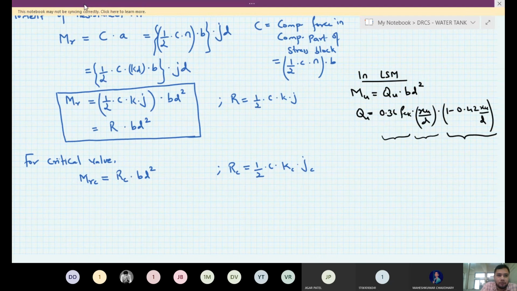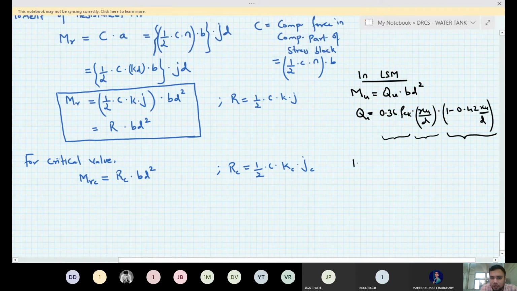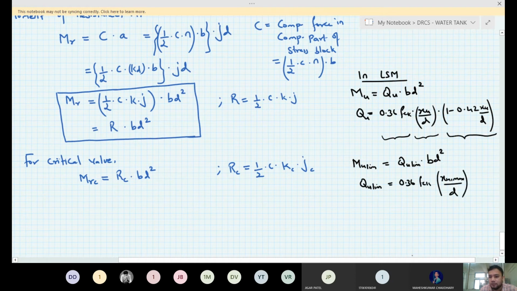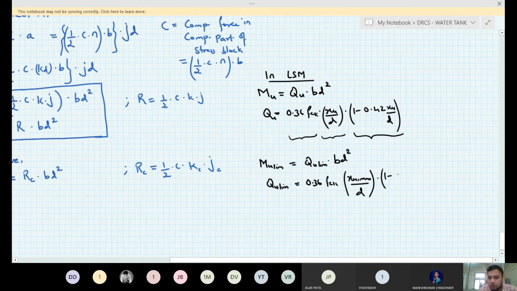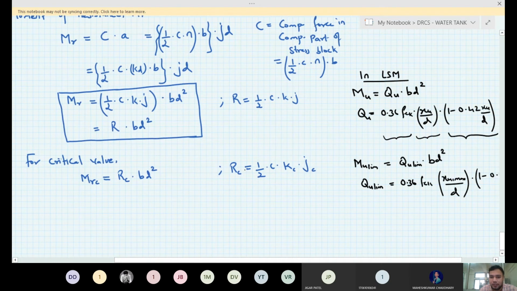If you remember, in limit state philosophy, you use Mu limit, which was equal to Qu limit times BD square, where Qu limit was 0.36 fck XU max by D times 1 minus 0.42 XU max by D. So this Qu limit is analogous to RC, and Mu limit is analogous to MRC.